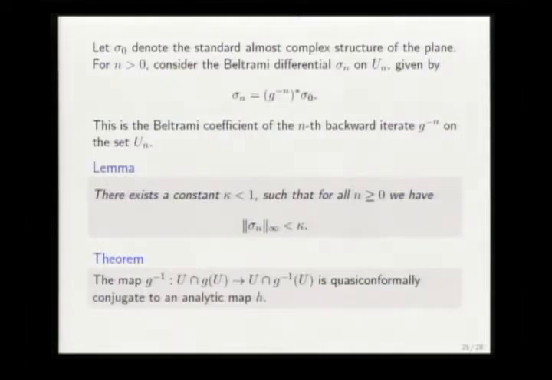And this allows us, using the measurable Riemann mapping theorem, to say already that the map G, or G inverse, defined on these domains U intersected G of U with values in U intersect G inverse of U, is quasi-conformally conjugate to an analytic map H. More or less, roughly, the idea is that using this lemma and the fact that the Beltrami differentials sigma n are bounded away from 1, it's enough to ensure that the map G on the set U is quasi-conformally conjugate to an analytic map. So the domains in this theorem are just to make it well defined, but that's the essential part.